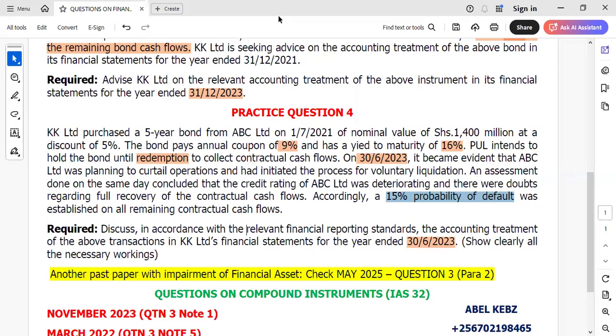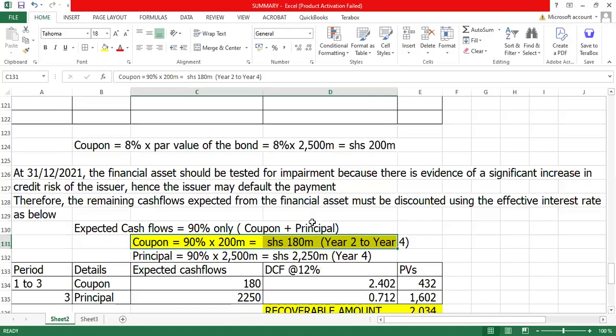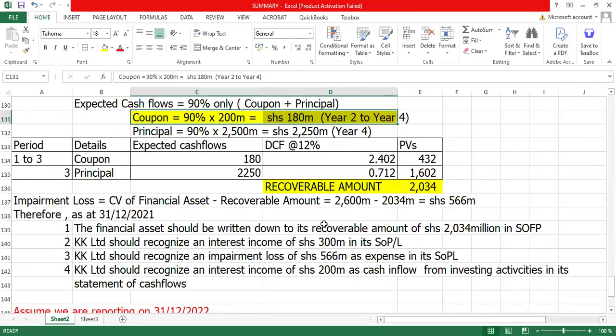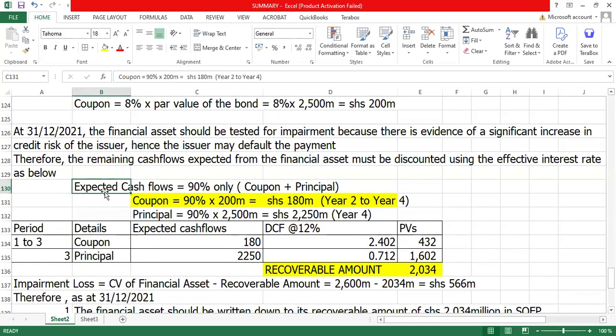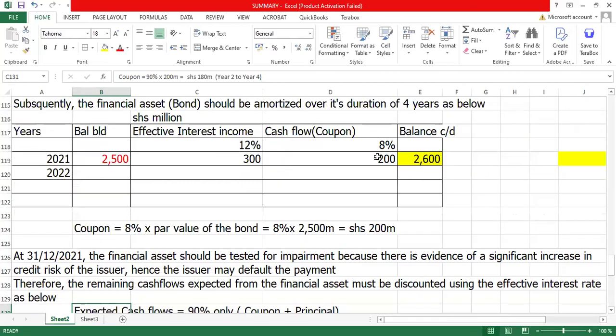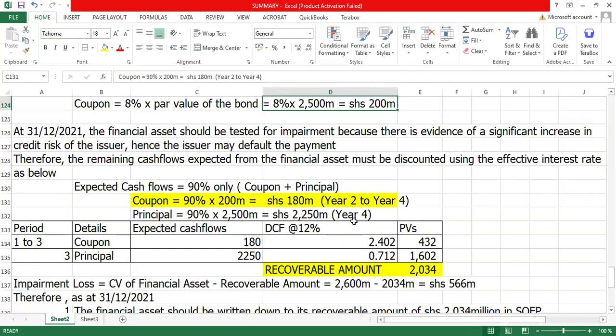Okay, thank you to the person who asked. Is it clear? So as you determine the expected cash flows, you put 85%. Then you look for 85% of your coupon. You will already have the coupon above, and you get 85% times that.